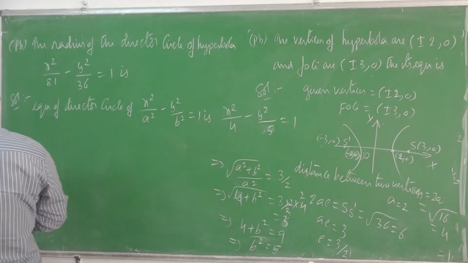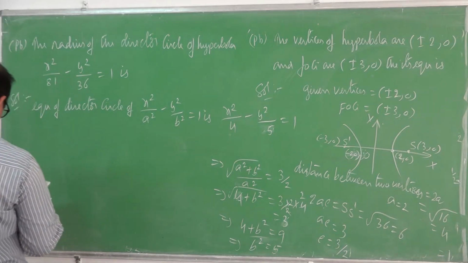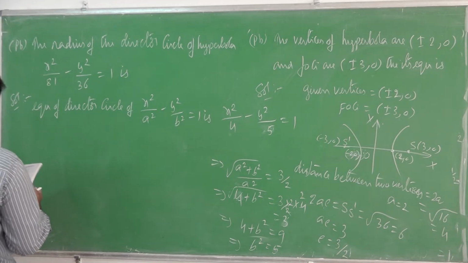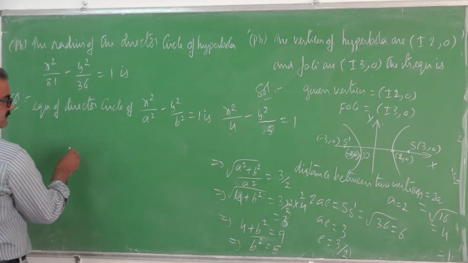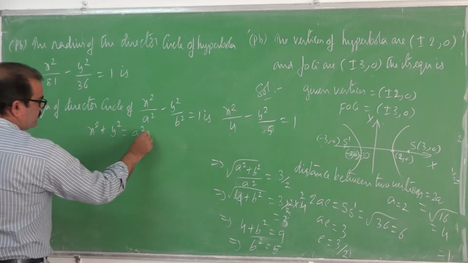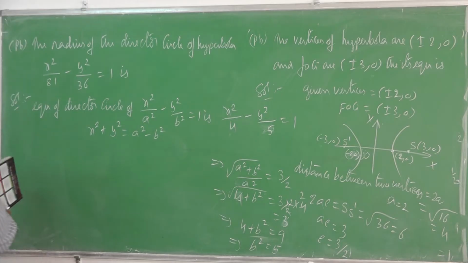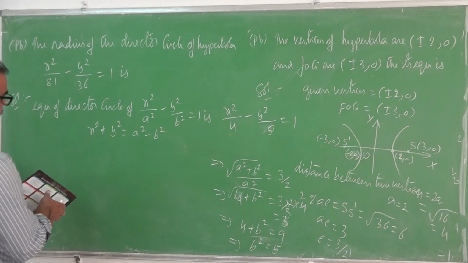In the synopsis, the formulas for the director circle and auxiliary circle are given. x square plus y square is equal to a square minus b square. This is the formula to find the equation of the director circle.